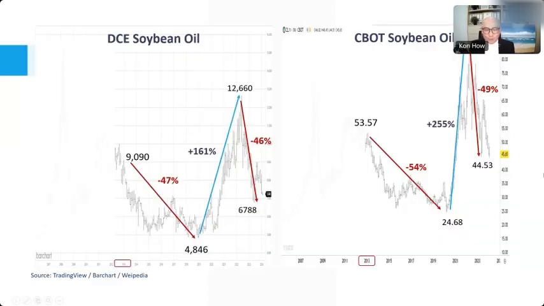And we could see that from 2013, if I compare DCE soybean oil and CBOT soybean oil, the DCE soybean oil is not as volatile compared to CBOT soybean oil. Not as volatile.